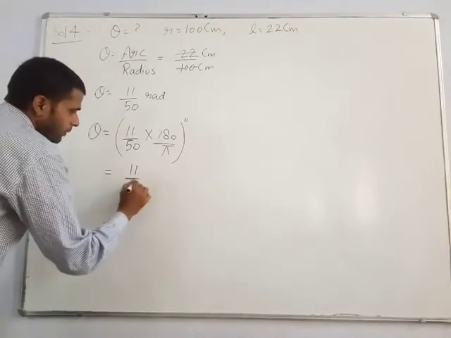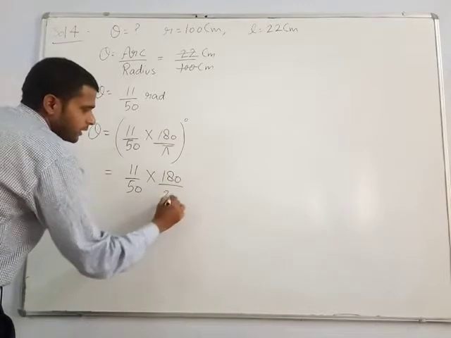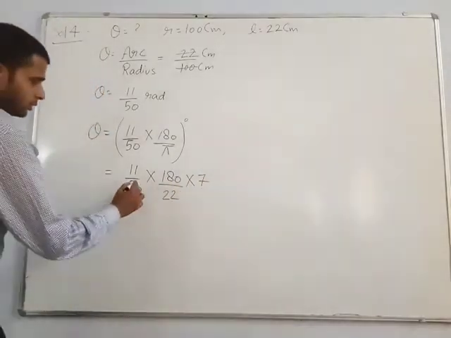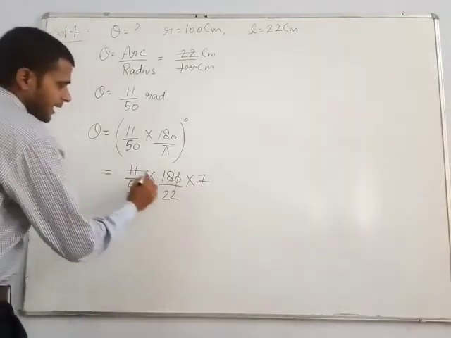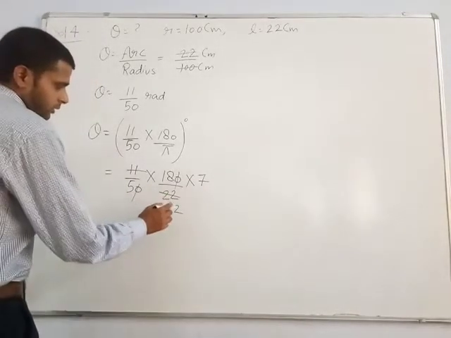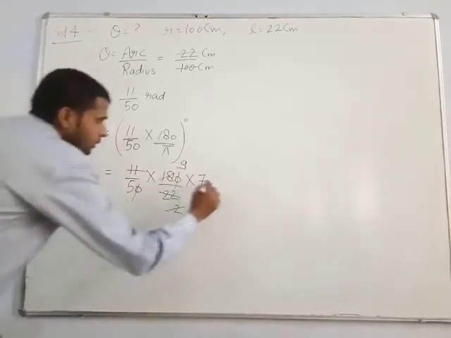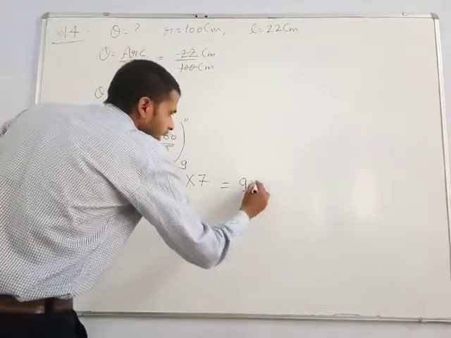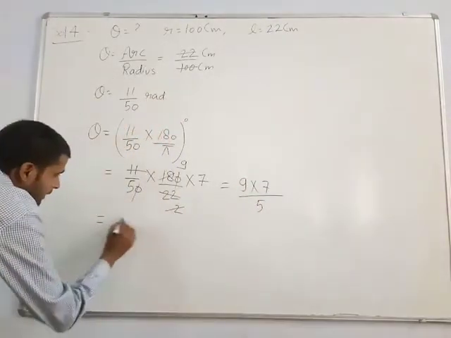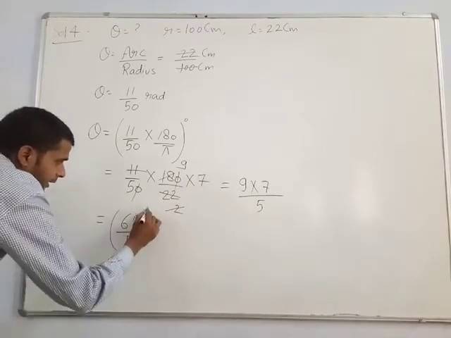So 11 upon 50 multiplied by 180 upon pi, with pi as 22 upon 7, so 7 goes to the numerator. Zero cancels zero. Reducing, we get 9 multiplied by 7 upon 5, so 63 upon 5 degree.